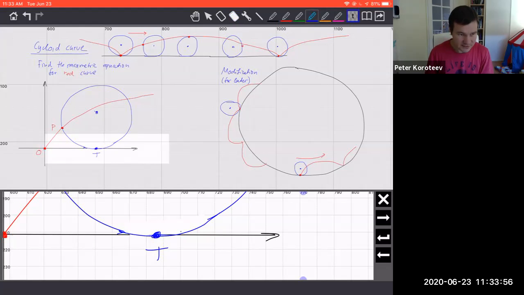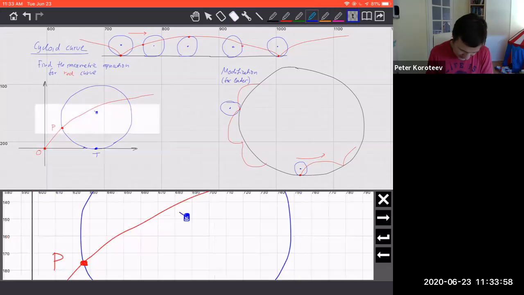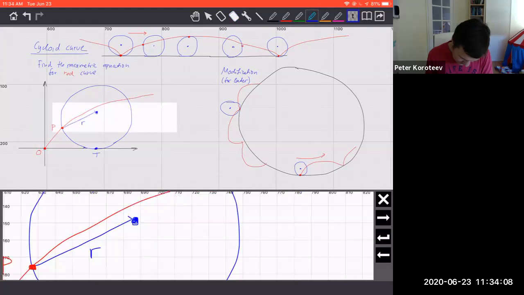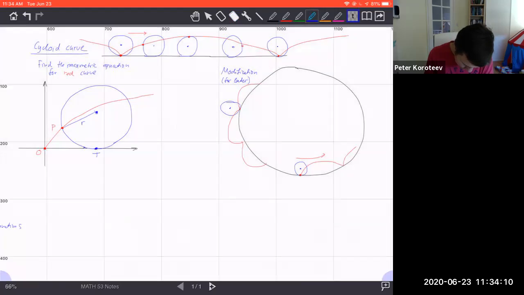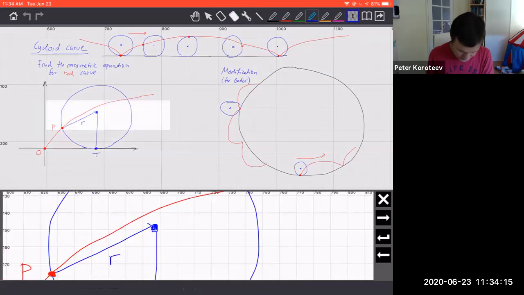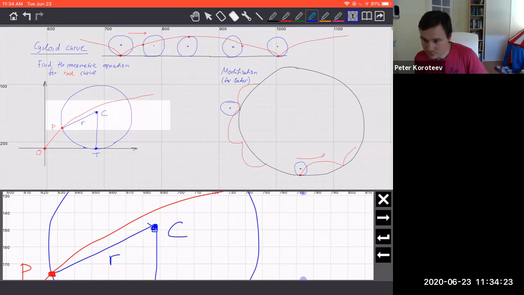The bottom of the wheel is here. Right, so let's say your tire has radius R, which is what, 22 inches, I don't remember. And same as here. So this is also R. Say this point C here is the coordinates of the center of the wheel.